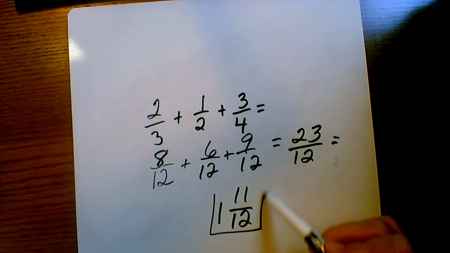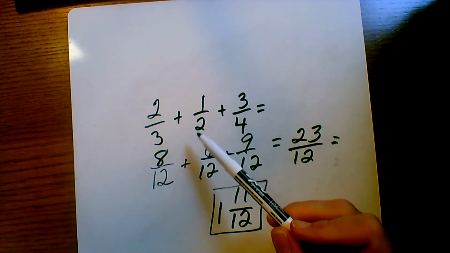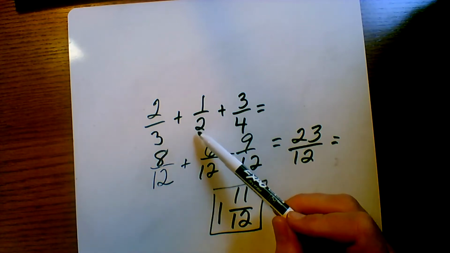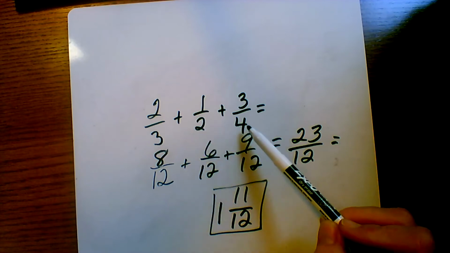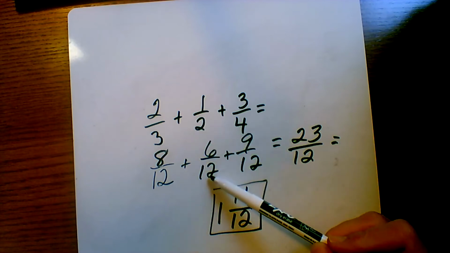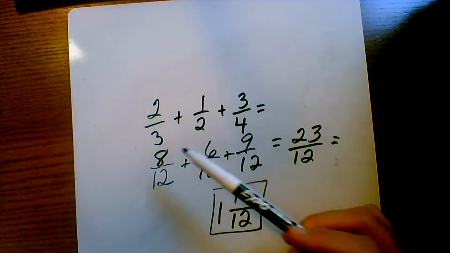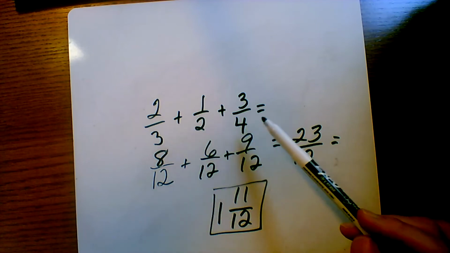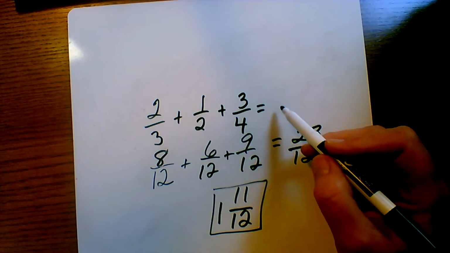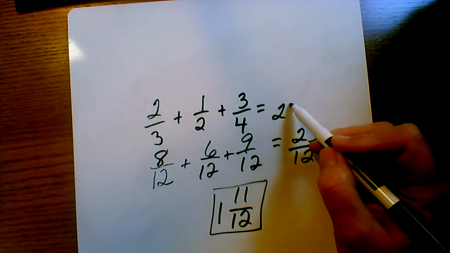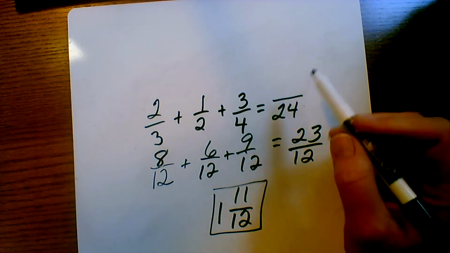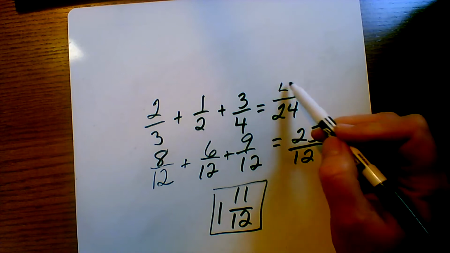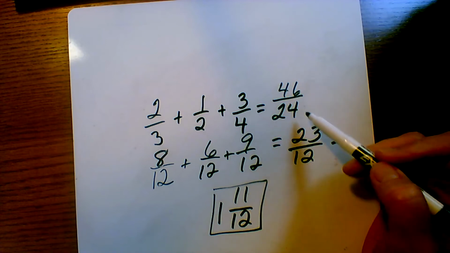So here's our answer. So another way they could have done it is said, okay, so 3 times 2 is 6, and 6 and 4 share the denominator of 12, or 3 times 2 is 6, 6 times 4 is 24, and then they would just have to reduce more. So the answer would have been 24 as the denominator and 46 as the numerator.